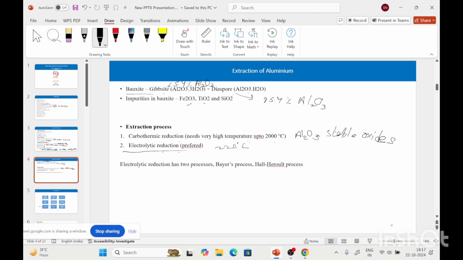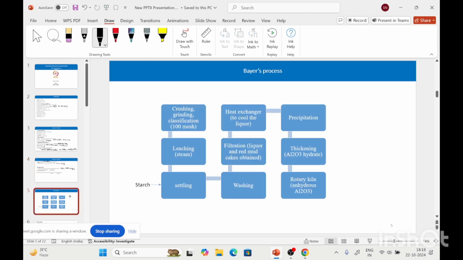The electrolytic reduction further has two processes. First is the Bayer's process and second is the Hall-Héroult process. So we will study the Bayer process method.